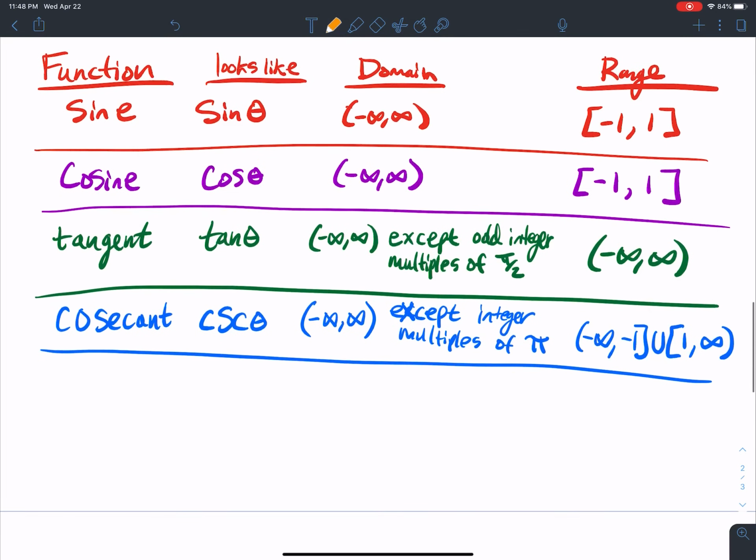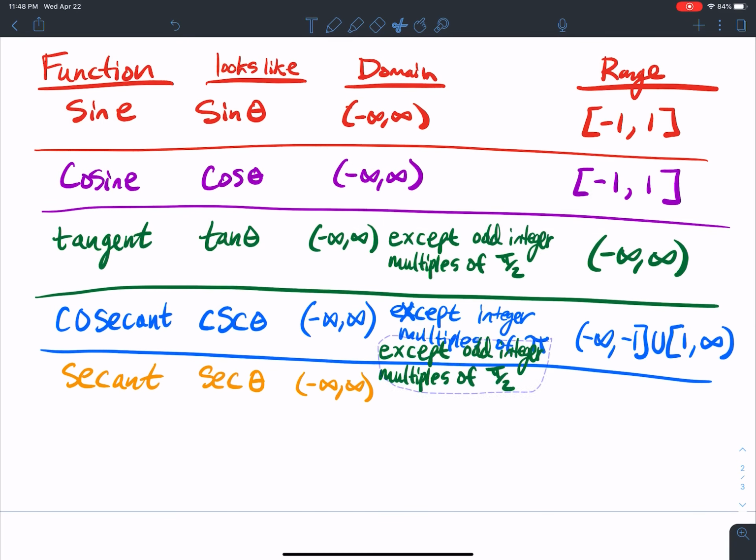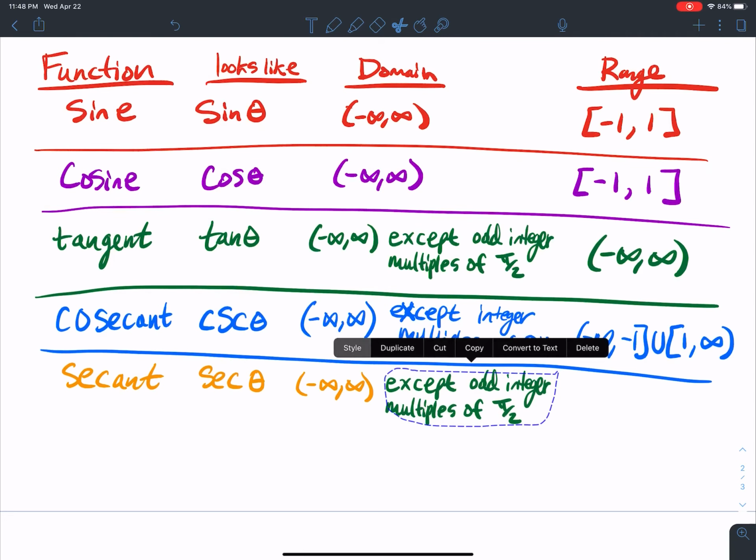The next one is the secant. And the secant is SEC theta. And this is all real numbers except for where cosine is equal to 0, which is these values here. So I'm going to throw that down there, and I'm going to change the style to orange to keep the same theme.